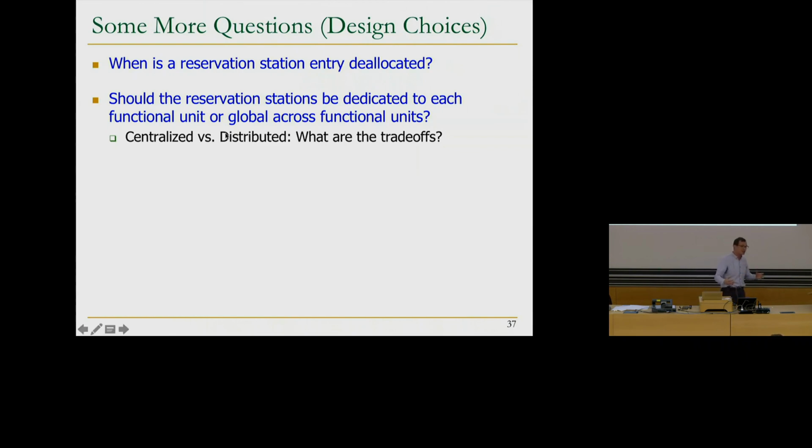If you have distributed, you can specialize the reservation station for the functional unit. I didn't show you a branch functional unit, for example. Multiply and add are similar in the sense that they're binary operations, but you may have unary operations or operations that don't need 2 source registers. In that case, you can specialize the reservation stations. If you need only 1 source register, your reservation station doesn't need to handle 2 tags. It needs only 1 tag and 1 value.